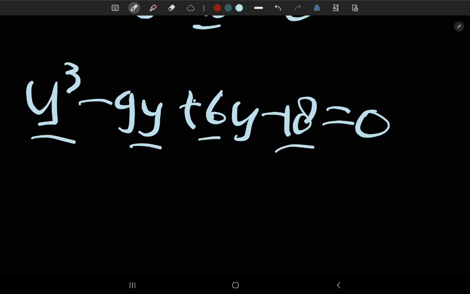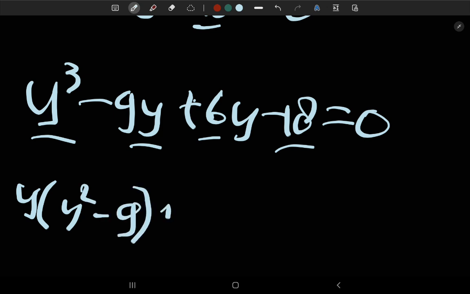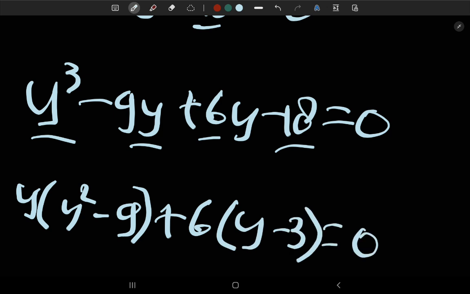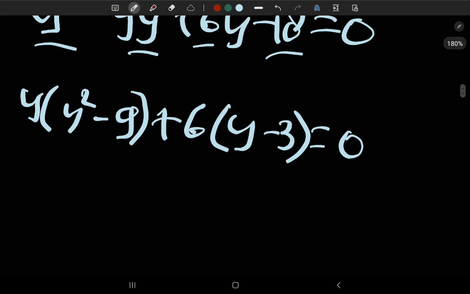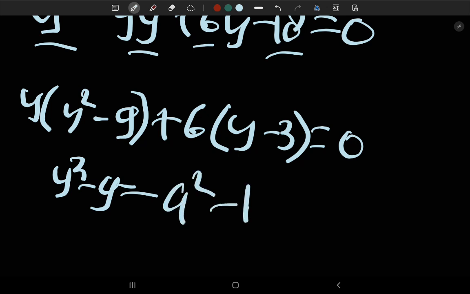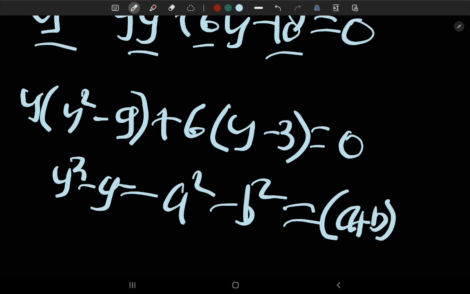We get y times y squared minus 9 plus 6 times y minus 3 is equal to 0. But remember that y squared minus 9 is the same as a squared minus b squared, which is equal to a plus b times a minus b, remember?